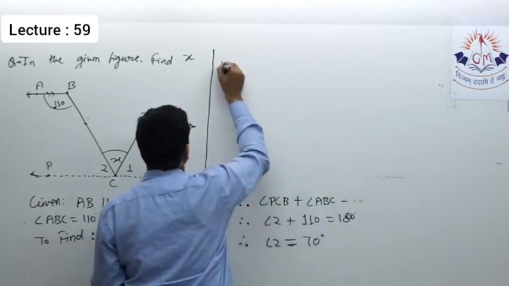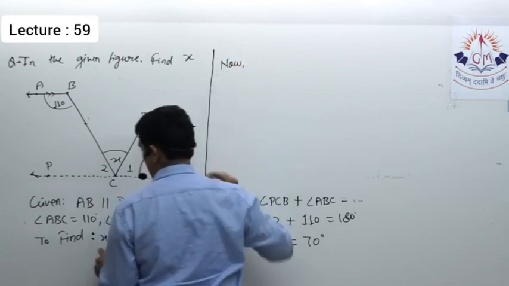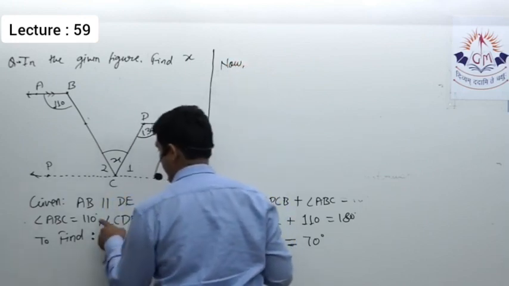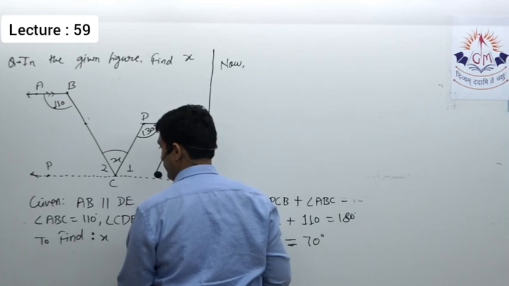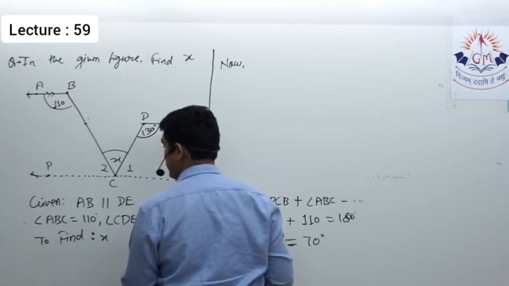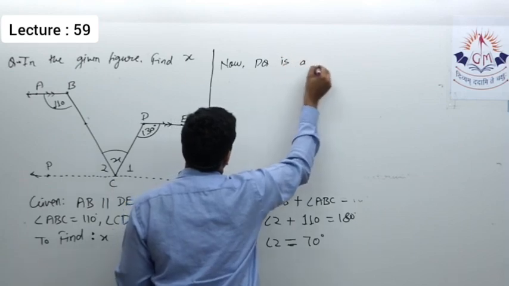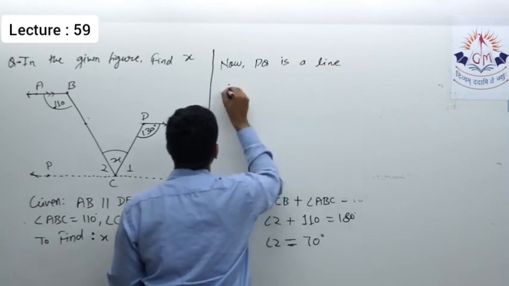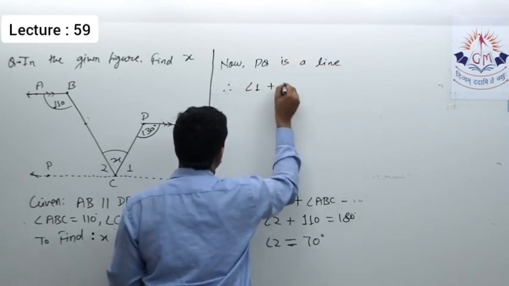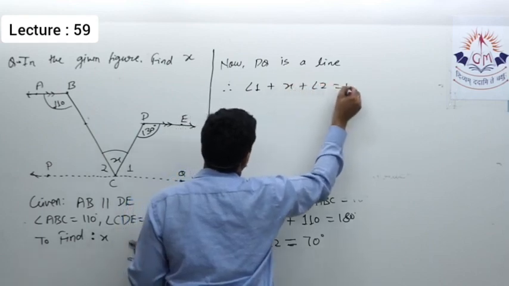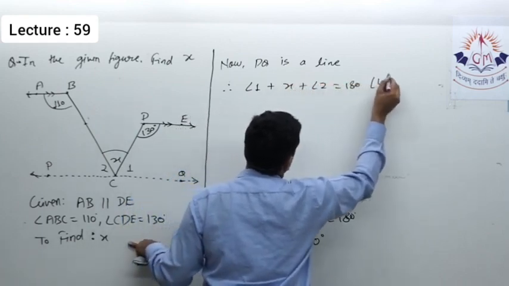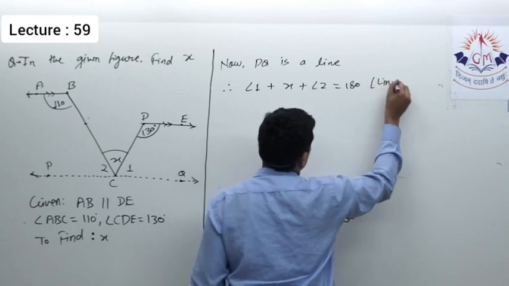Okay, so now PQ is a line, therefore angle 1 plus x plus angle 2 is equal to 180 degrees, by the linear pair axiom.